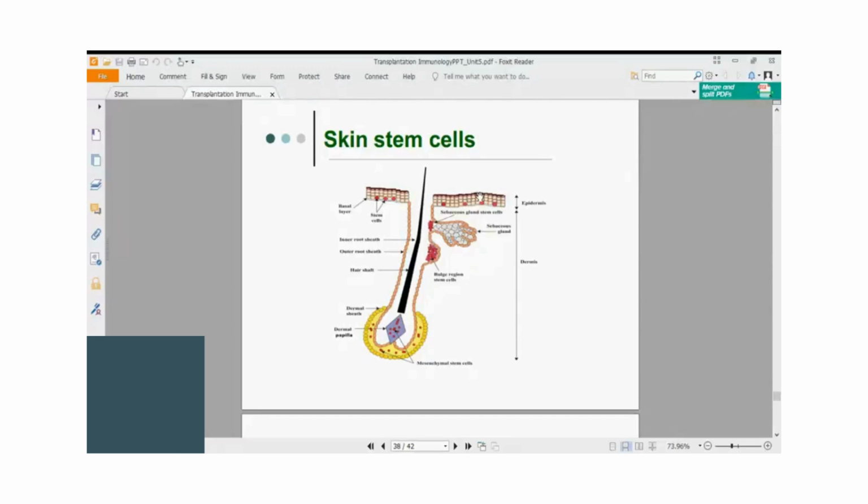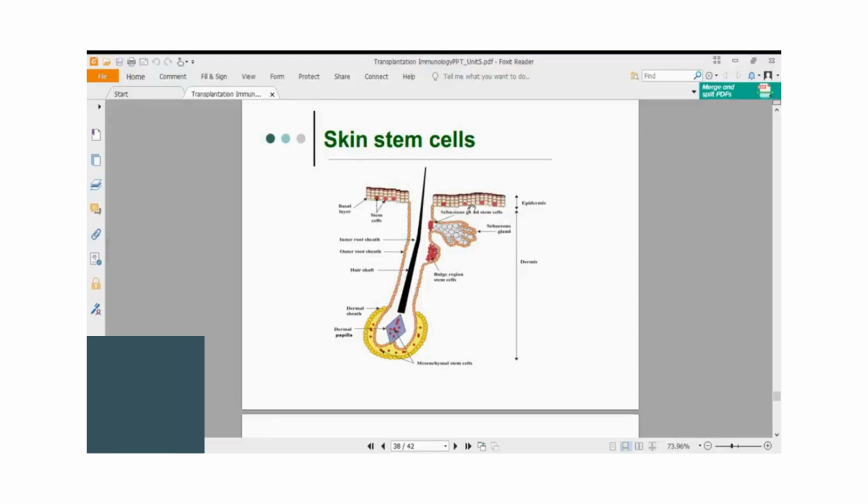And those cells which are dying on the uppermost or outermost layer of the skin are going to be replaced by live cells from the bottom by proliferation. Now, the cells that proliferate and give rise to the new cells in the epidermal area of the skin are the epidermal stem cells. They have been shown here with some red dots.